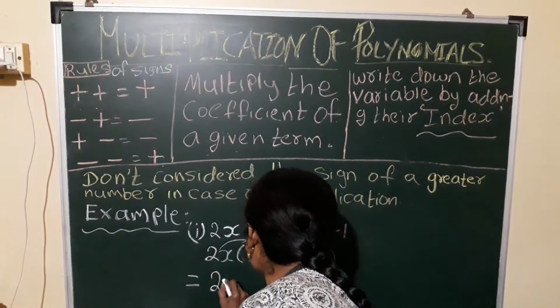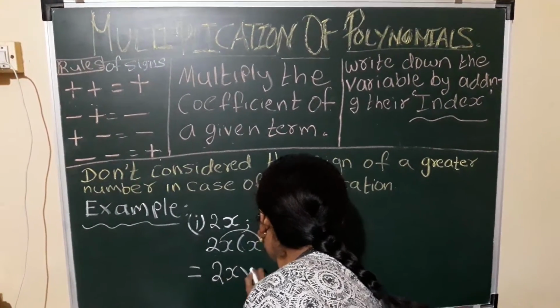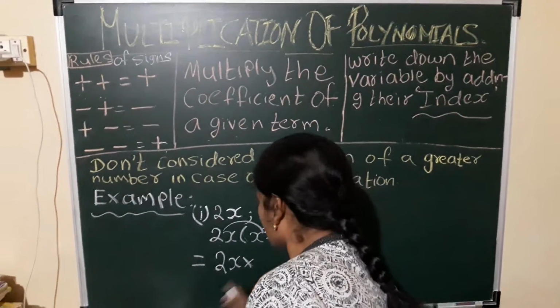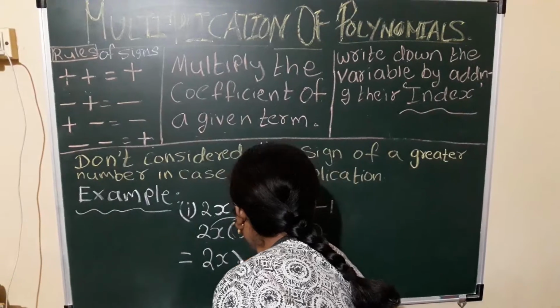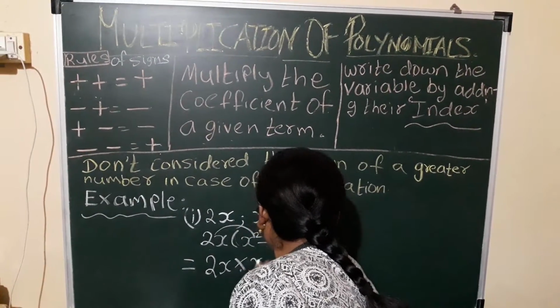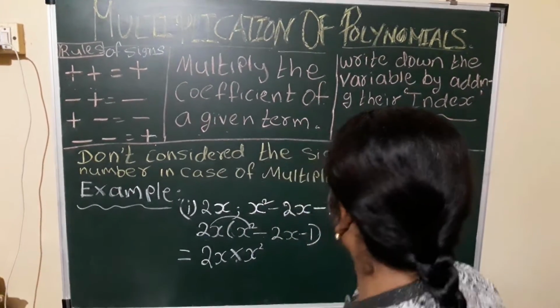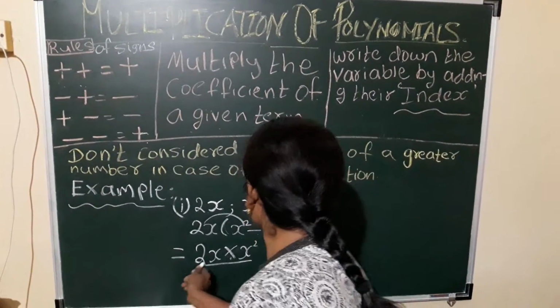2x multiplied by x square. Now underline this.